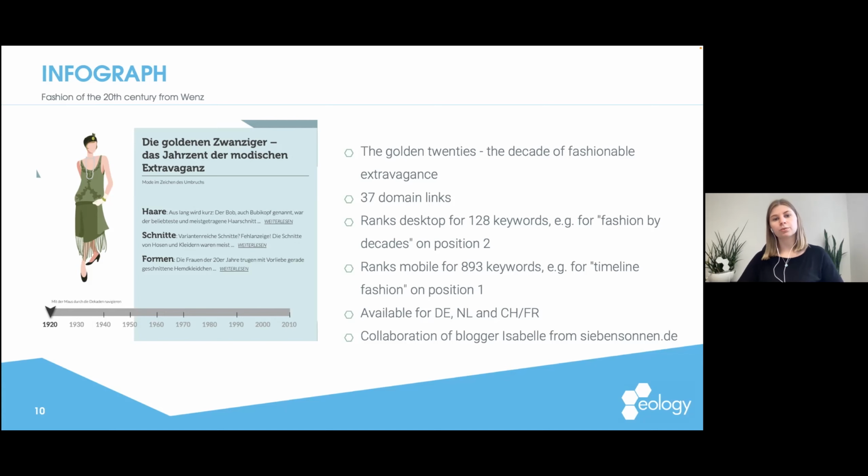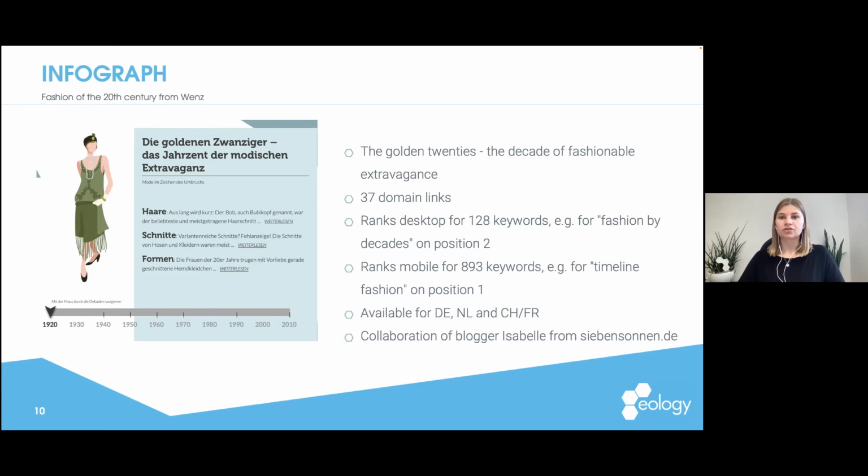And after all, we got 37 domain links. Now it ranks on the desktop version for 128 keywords, for example, for fashion by decades on position 2. Also, we have over 800 keywords for mobile rankings, for example, timeline fashion on position 1.